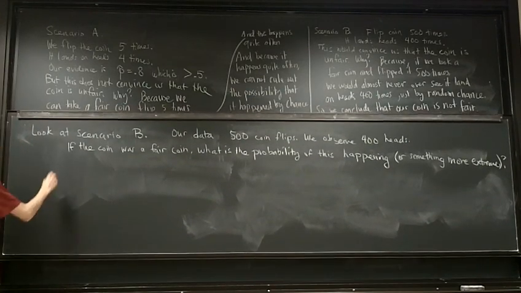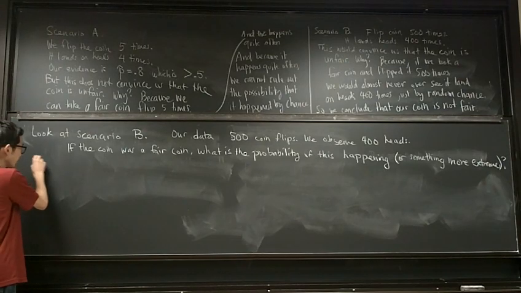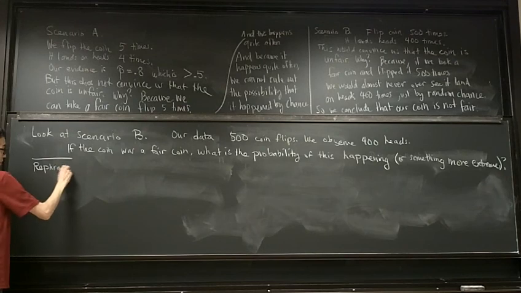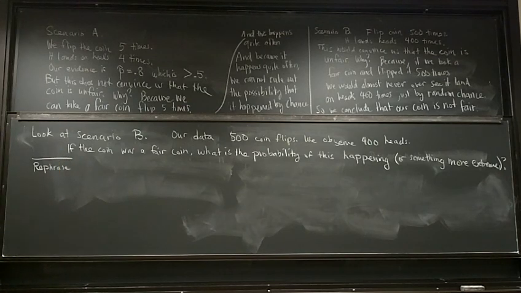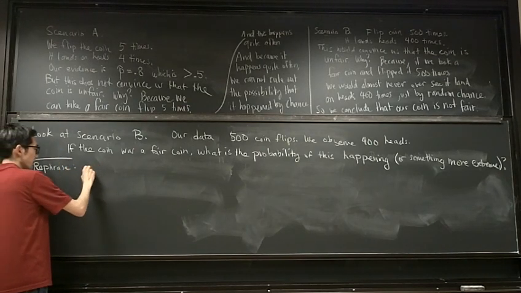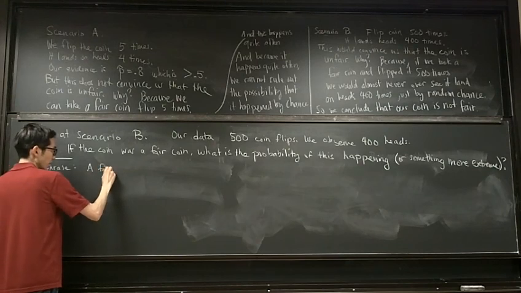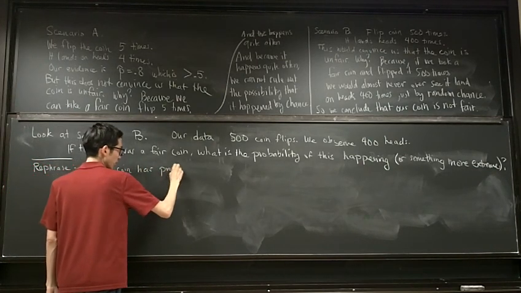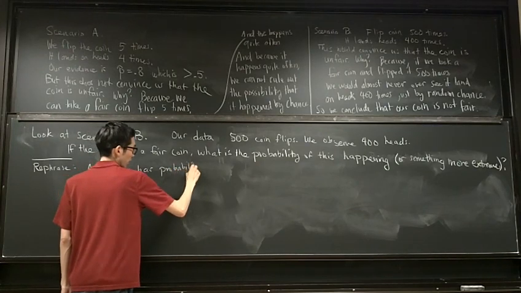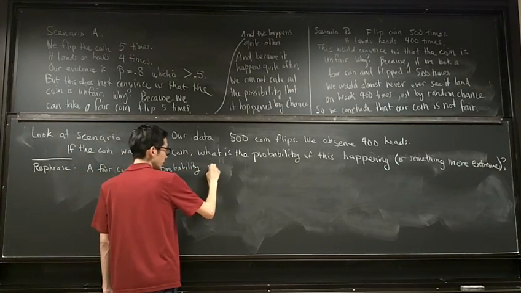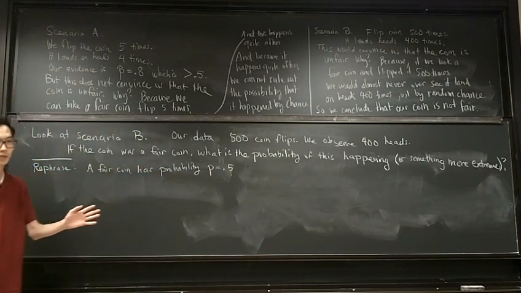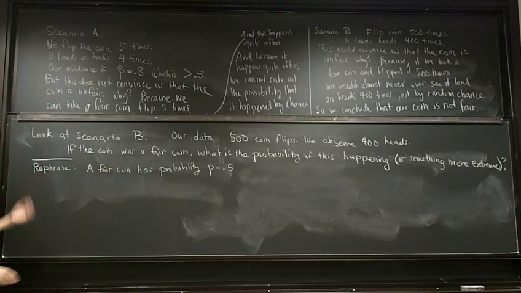Okay? A fair coin, so this is rephrased maybe into something that you might recognize. When I rephrase it, I'll say a fair coin has probability p equal to 0.5, okay? A random sample of 500 coin flips is performed.